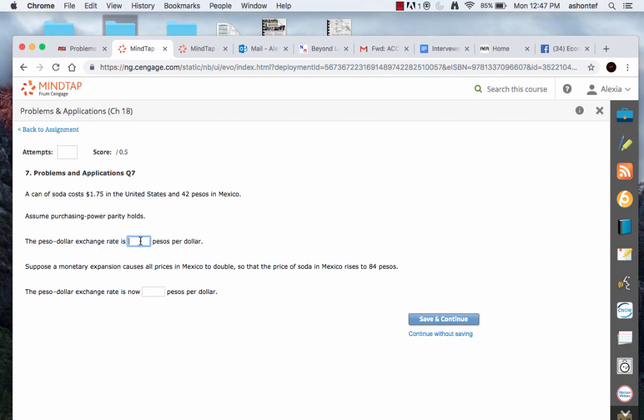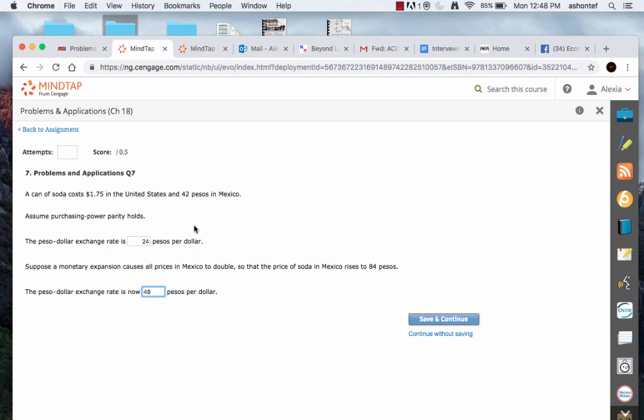The peso dollar exchange rate is going to be 24 in this. And then the next one, suppose a monetary expansion occurs and it causes everything to double in price. Well, it's going to cause the pesos per dollar to then double. And the formula that's being used here, and the first one for the peso dollar exchange rate, all we're doing is looking at the price of the basket of goods from abroad and dividing it by the price of the basket of goods domestically.